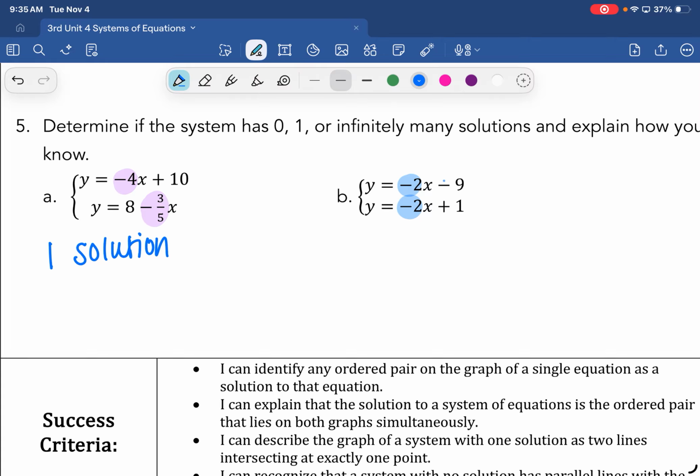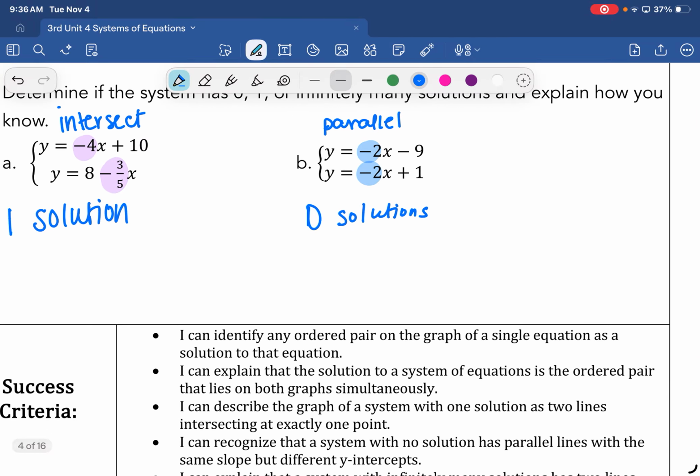No. So that tells me that they are parallel. So how many solutions do they have? 0 solutions. So these lines intersect, which is why they have one solution. These lines are parallel, which is why they have no solutions.